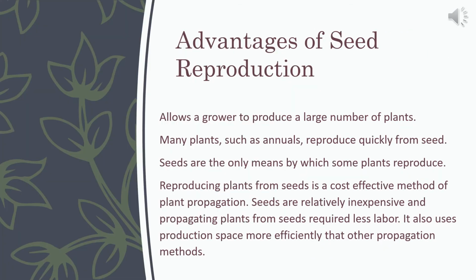Let's take a few slides to discuss advantages and disadvantages of seed reproduction. So at the top, starting with advantages, using seeds will allow a grower to produce a large number of plants. Let's remember that tomato plant. Each individual tomato has possibly dozens of seeds.